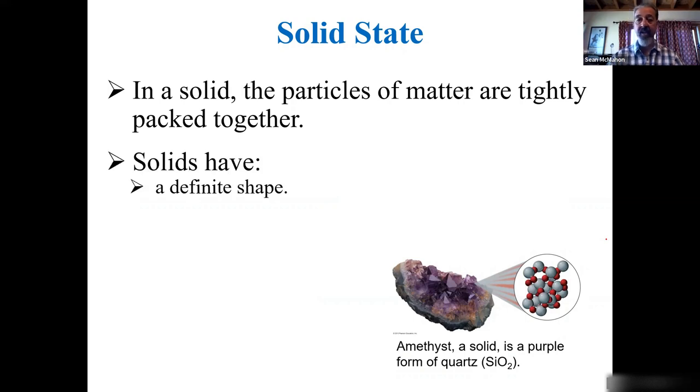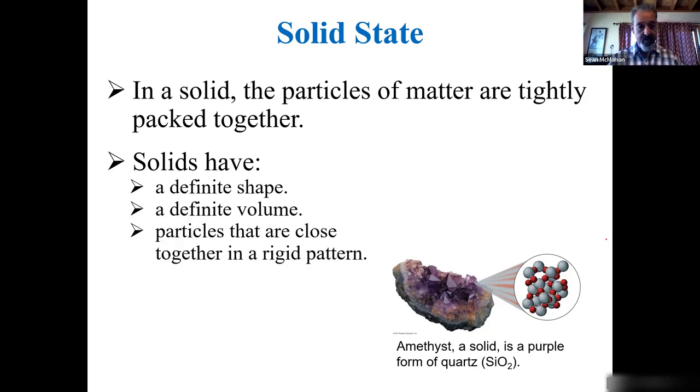So as a result, they have a definite shape. That means it's a fixed shape. So like your table, it has a definite shape. It doesn't change its shape. Why? It's a solid. The particles are really close. It has a fixed volume, a definite volume. The volume doesn't change. It has a rigid pattern. If we go at the microscopic level, it has a pattern to the solid.